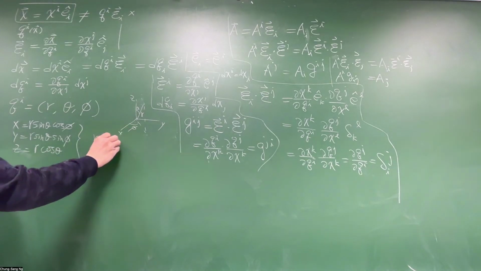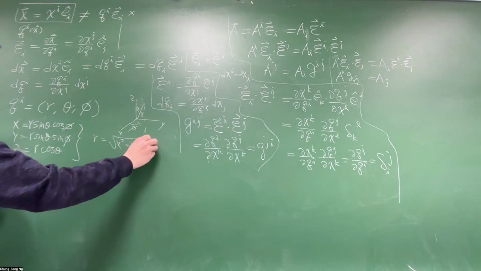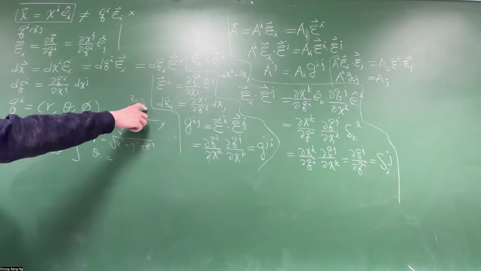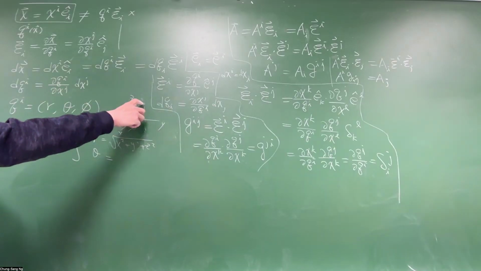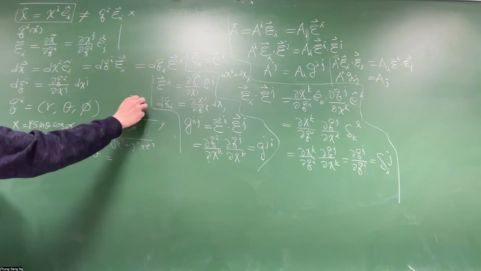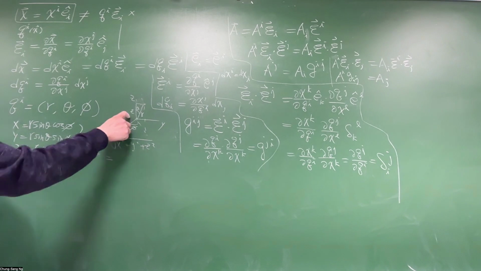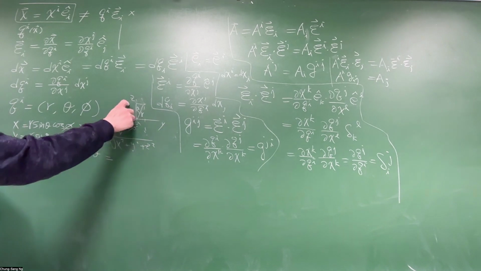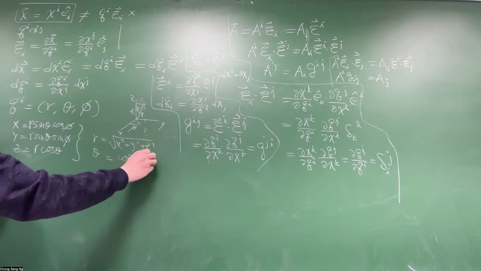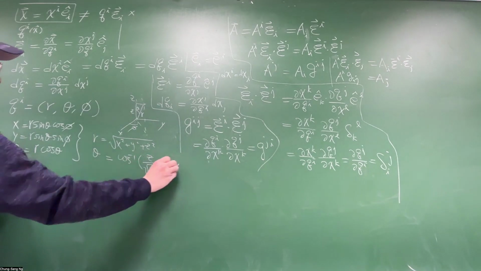It's just the square root of x squared plus y squared plus z squared. Theta, you can use the arccosine of z over r, right?